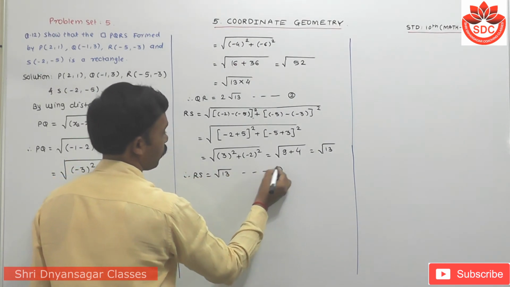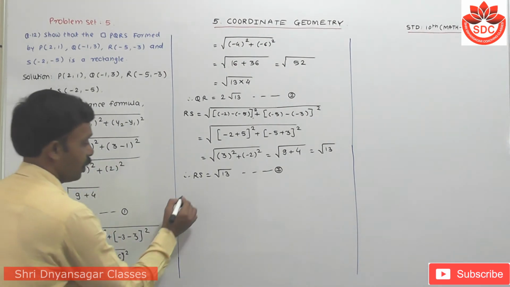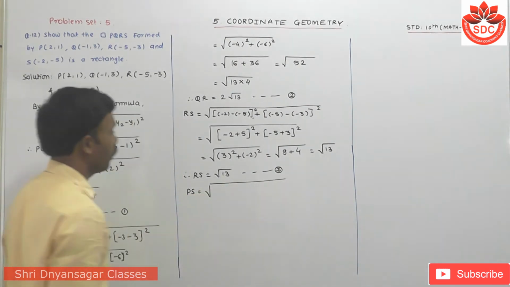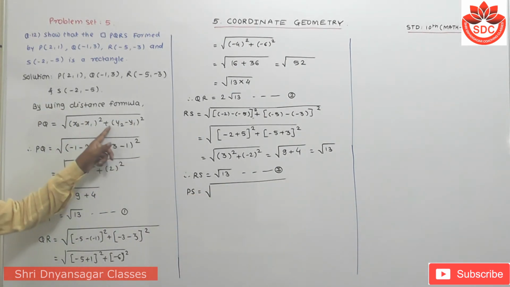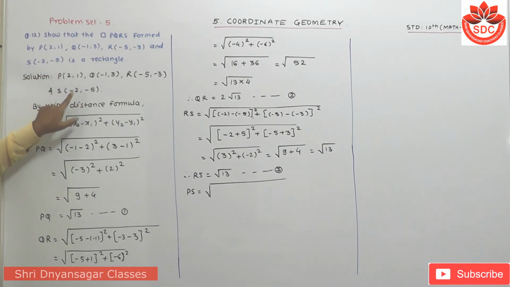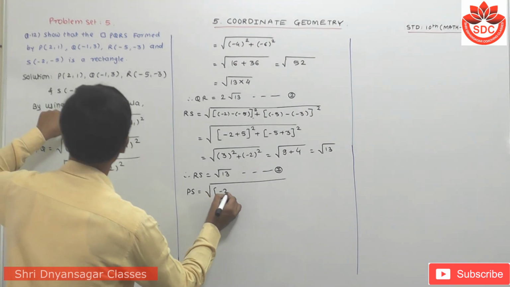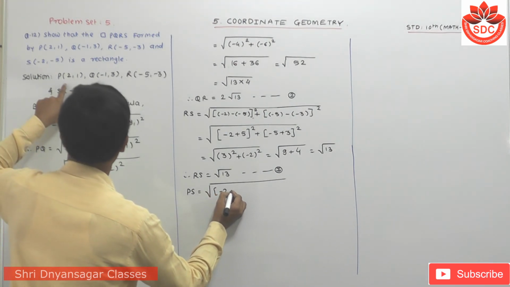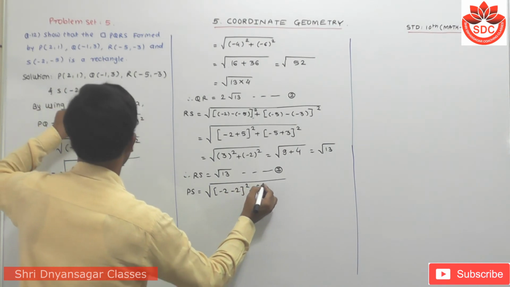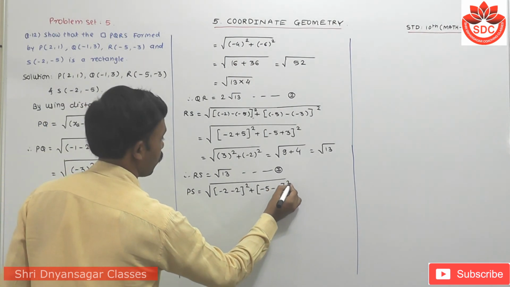Equation number 3. Then we have to find out PS. By using the distance formula, again use this formula, x2 minus x1 plus y2 minus y1 bracket square. For this PS, x1 y1 x2 y2. Then this value becomes x2 is minus 2 minus 2 bracket square plus y2 is minus 5 minus 1 bracket square.